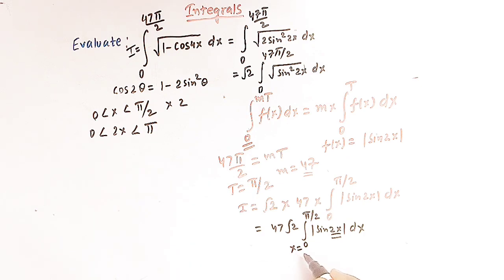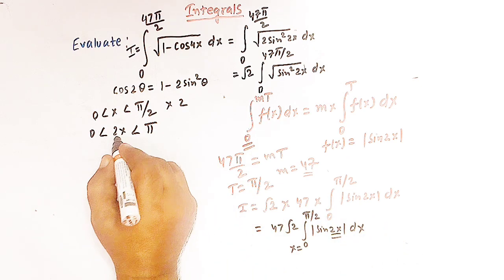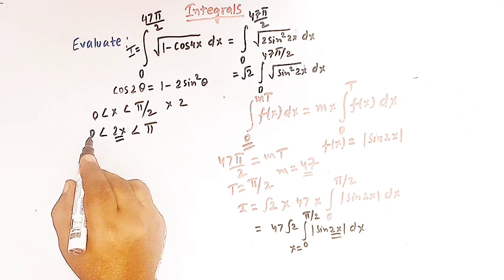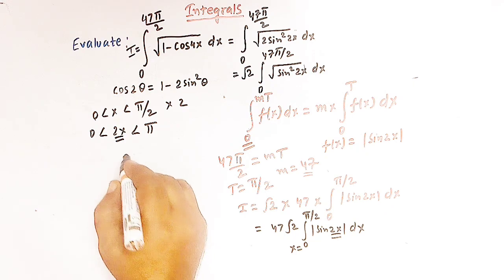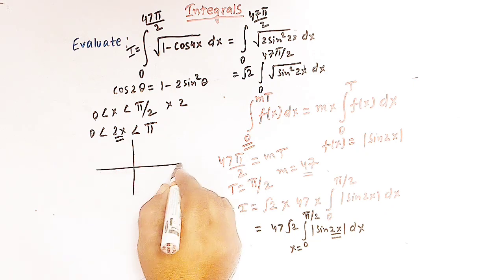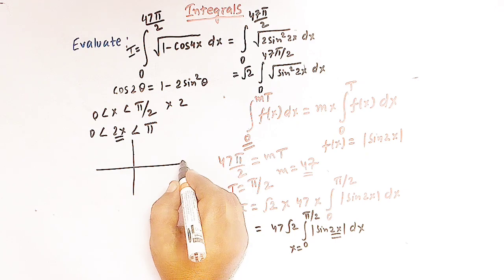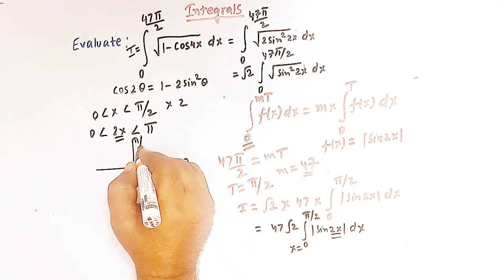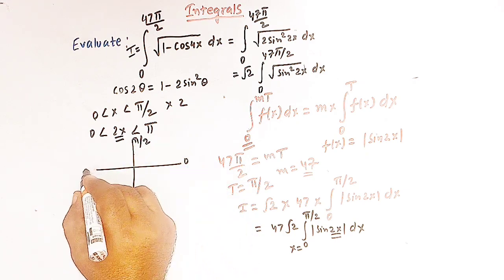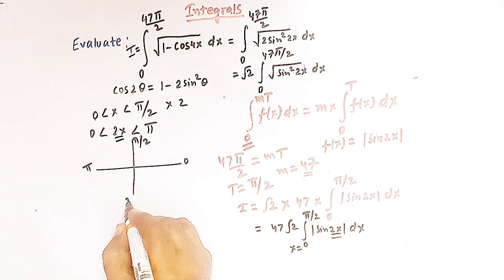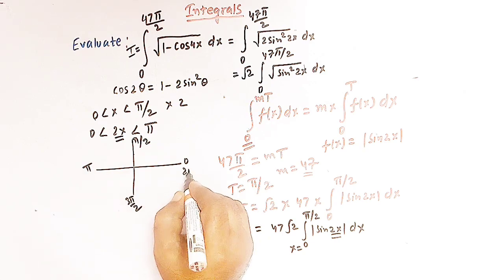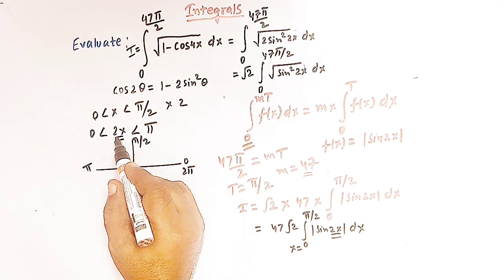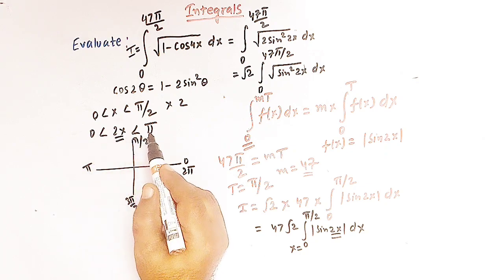So when x varies from 0 to pi by 2, then 2x varies from 0 to pi. If we draw the quadrants here, we have 0, pi by 2, pi, this is 3 pi by 2, and this is 2 pi. So 2x varies from 0 to pi.